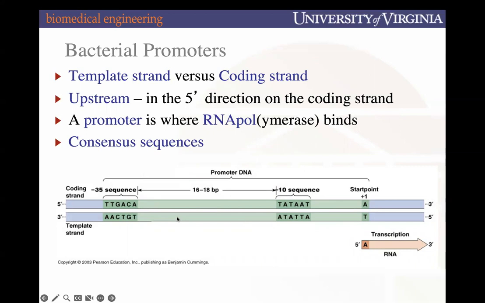So we have our start point where RNA polymerase will move down the coding strand to the right. But just before the start point, if you move to the left a little bit, that's the promoter region, which will be the site at which, as we'll talk about in a couple slides, a complex of proteins will form to recruit RNA polymerase to begin transcription at the start point.